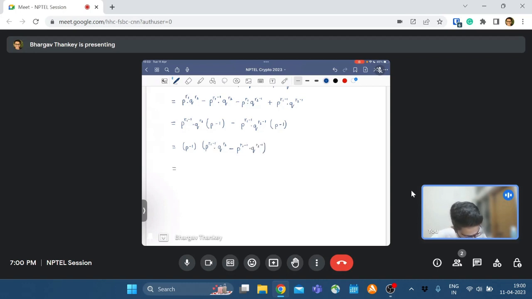We can simplify further. We can take this thing common. That gives us P to the R1 minus 1, Q to the R2 minus 1, and we will be left with the rest.